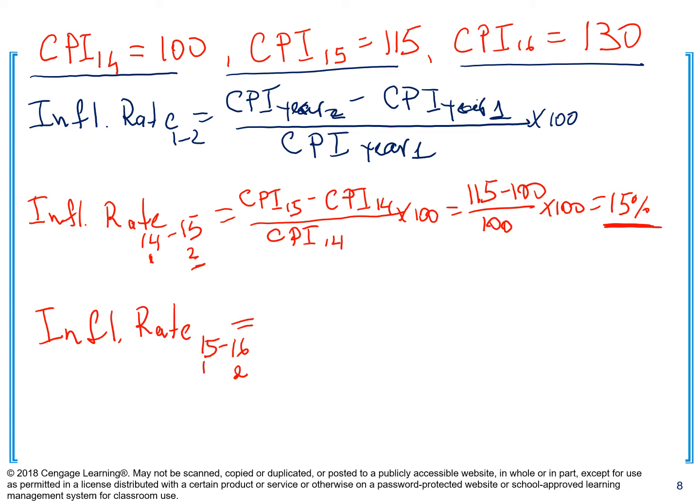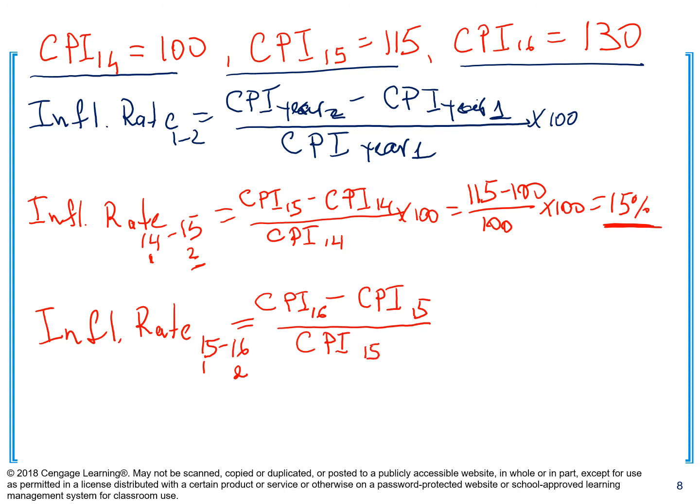Now I'm going to write down the formula. I'm all the time telling my students, please write down the formula with the variables first and then put the numbers in. So CPI for year 16, because this is our year 2, minus CPI year 15, divided, guys, by CPI year 15.